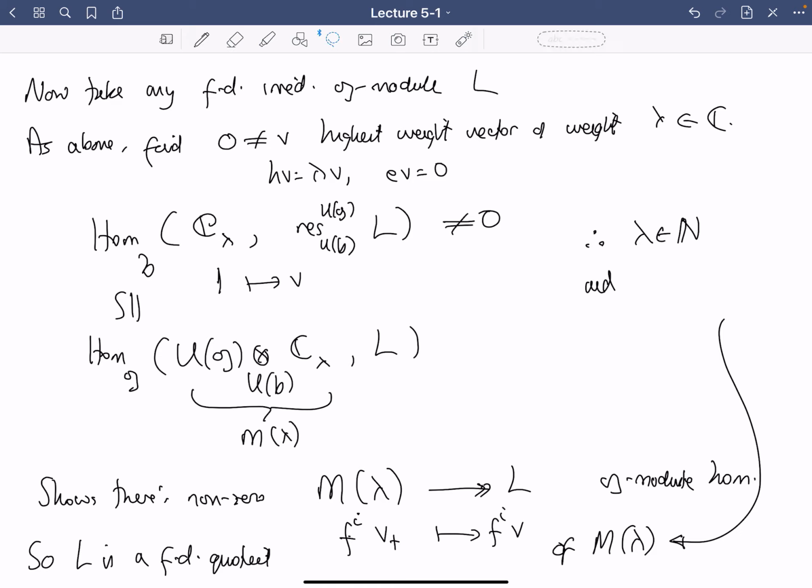And so lambda is n, a natural number. And this L must be isomorphic to the module L of n that I got before, where the dimension of L is n plus 1. And that completes the classification.